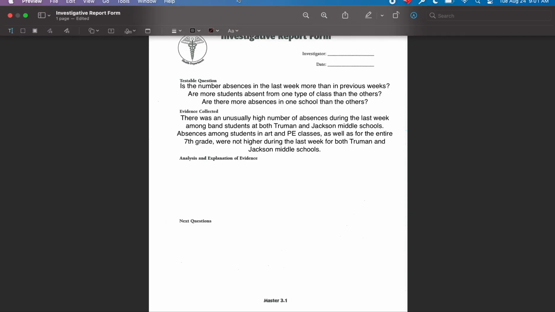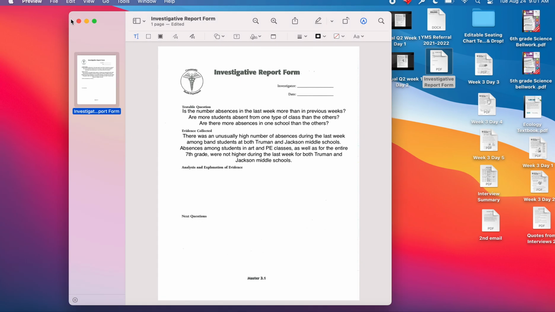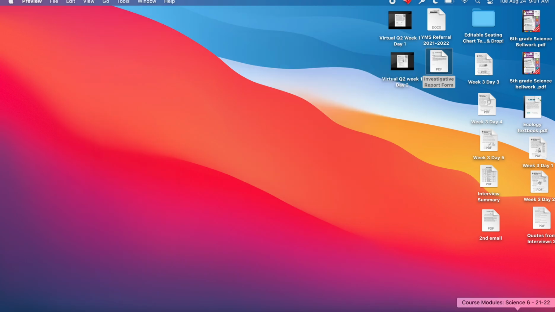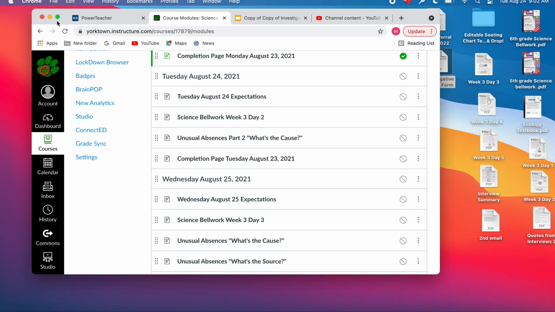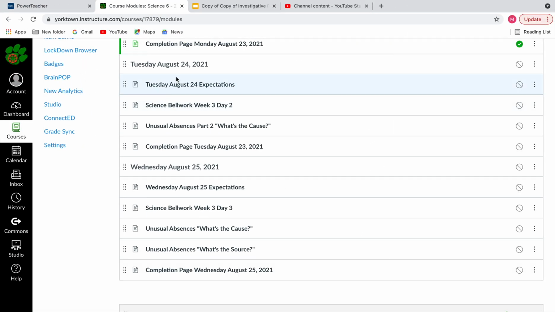So once you have this, you're going to move on to part 2, and that's what's the cause. I'll kind of give you the breakdown of that. So you'll go in your module for today, Tuesday. Once you finish bell work and you've reviewed, make sure you have some of those pieces of evidence and those questions recorded on your investigative report form.